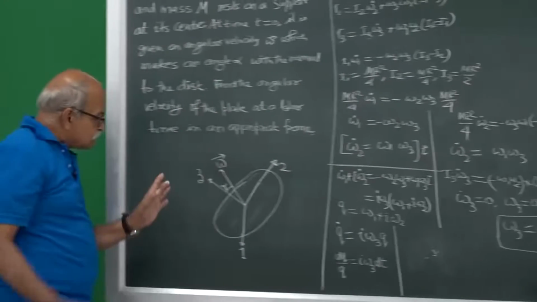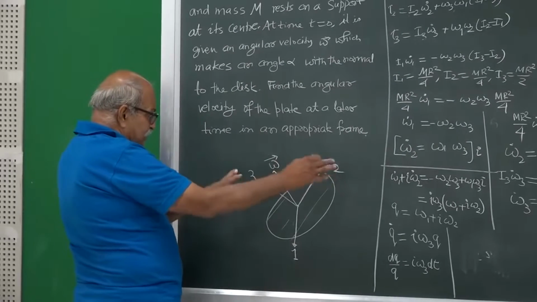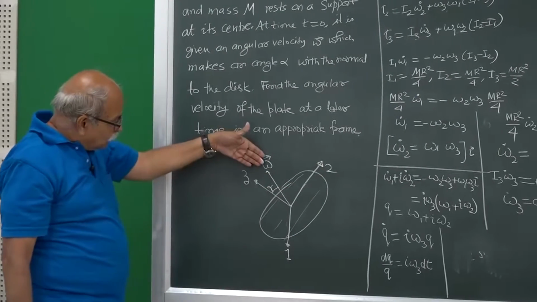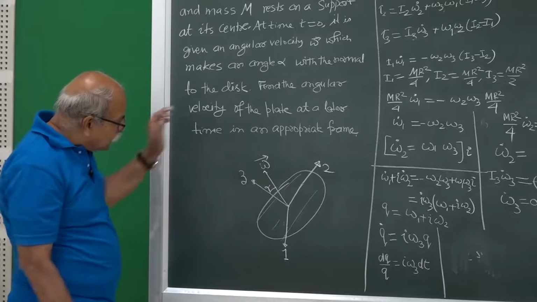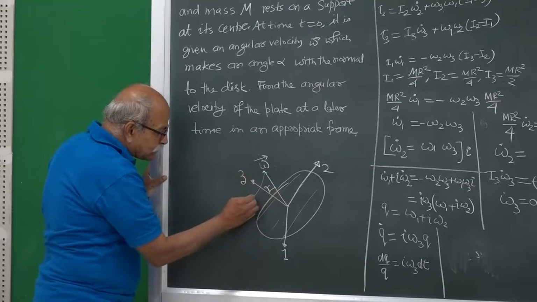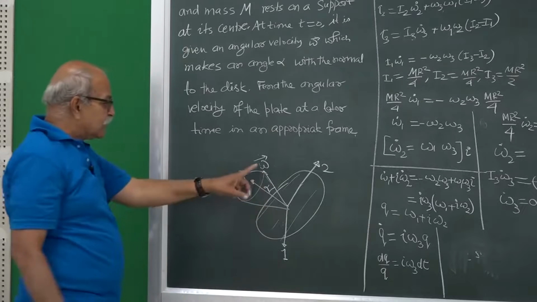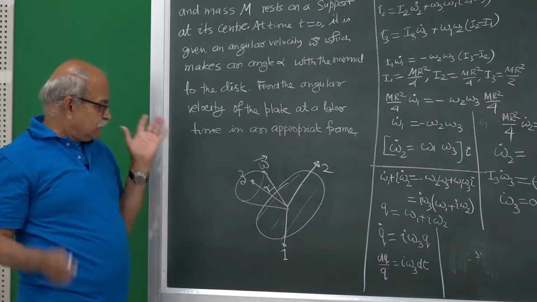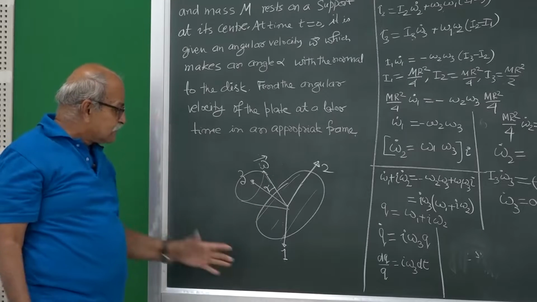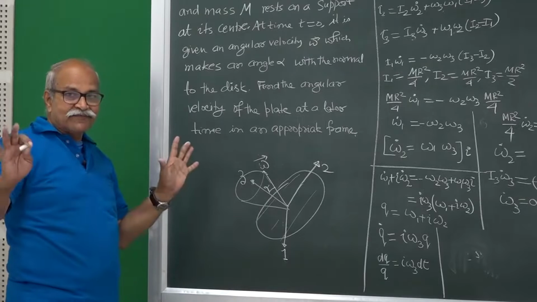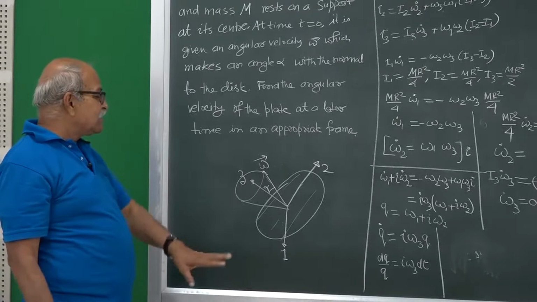So, if I look in this principal axis frame, this omega is rotating, it is going in a cone. The tip of this omega vector is going in a cone, because in our frame we consider 1, 2, 3, these are the axes, and the entire motion is described in that frame.